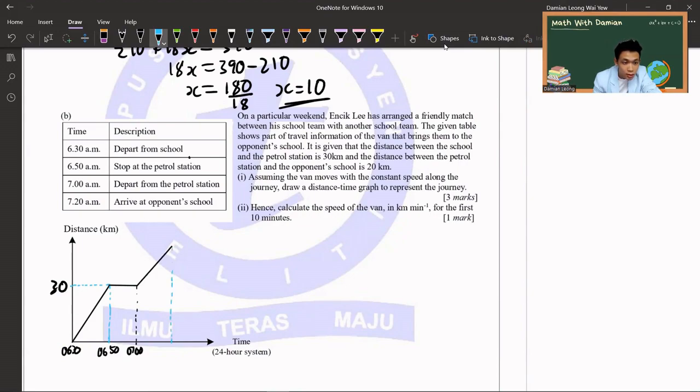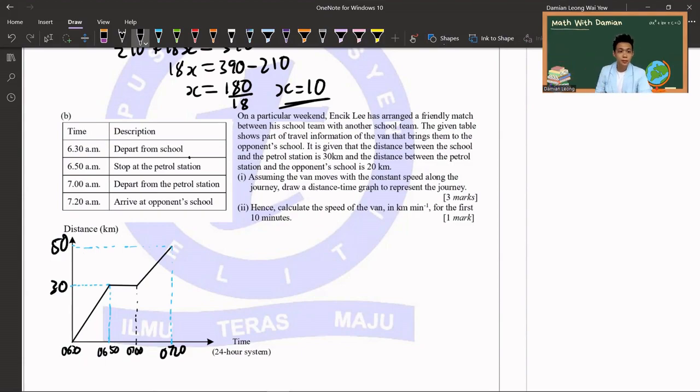So here takes another 20 minutes, reach at 0720. And the distance at this point is 50. Yeah, that's how I show the distance against time graph.